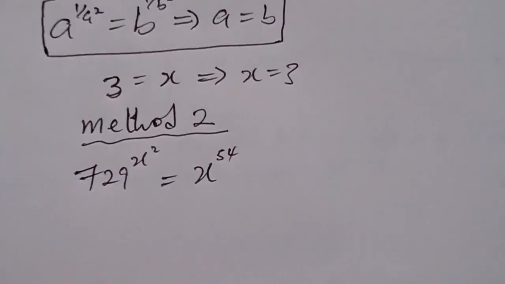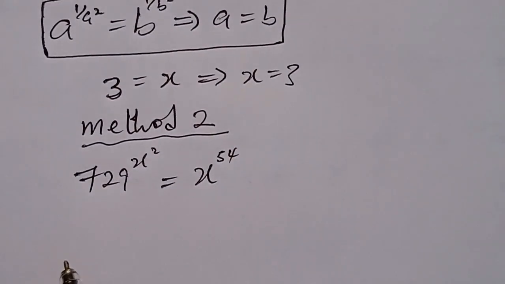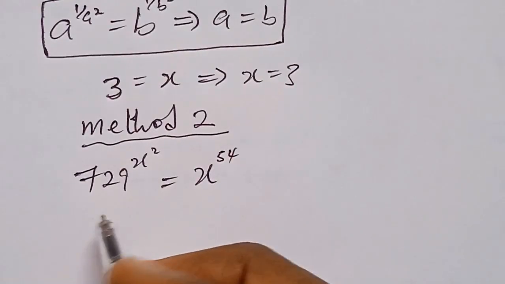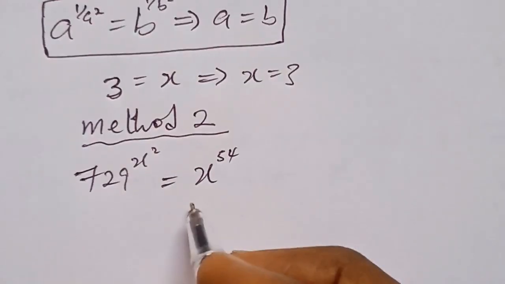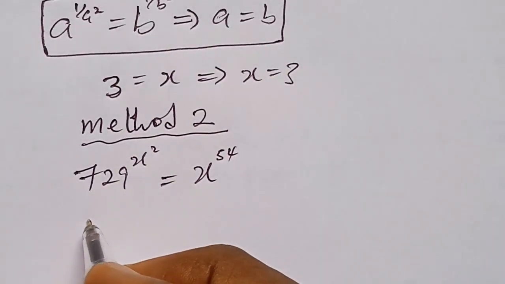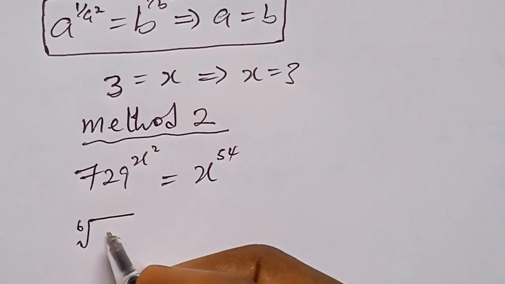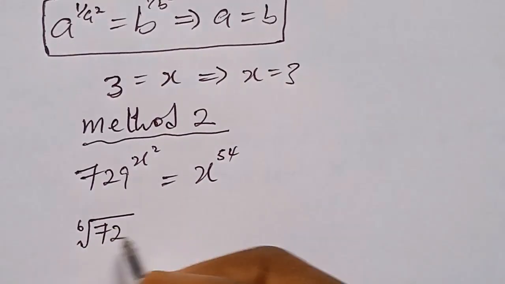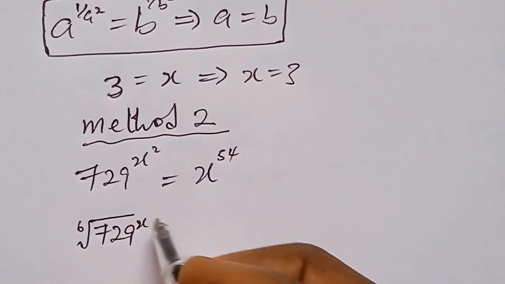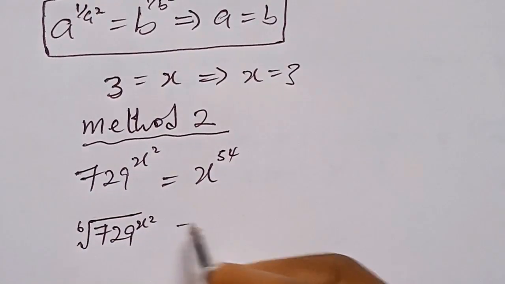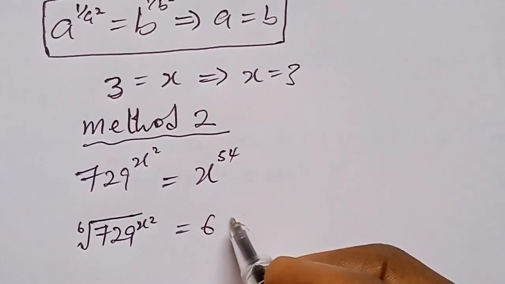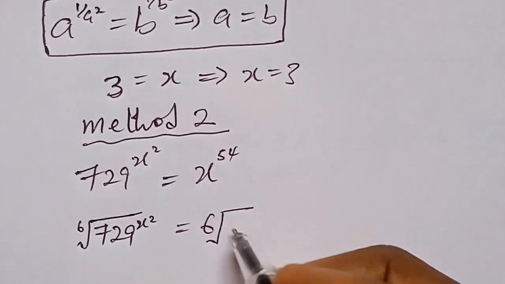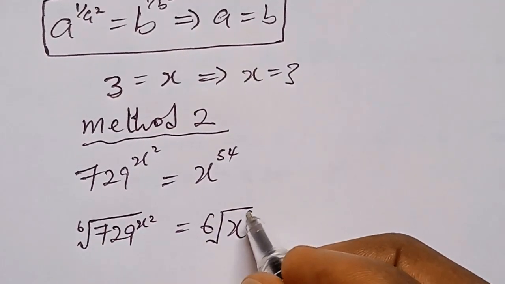So we apply first here the sixth root on both sides of the expression. We have the 6th root of 729 to the power of x squared equal to the 6th root of x to the power of 54.